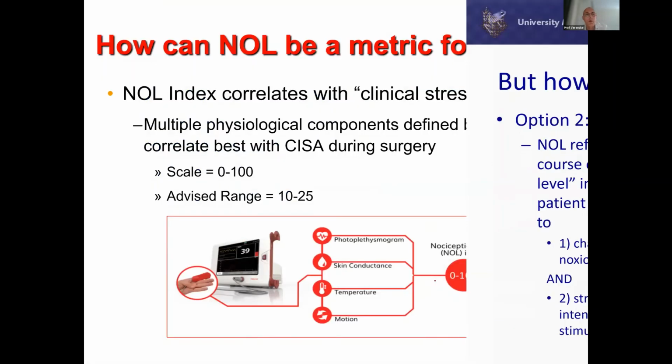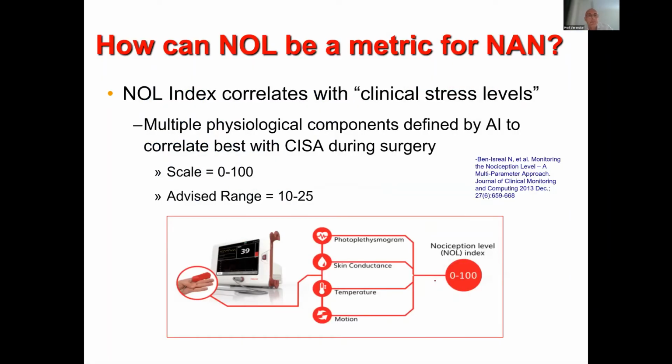So how does it work? In the original study, the measurement is a very easy, non-invasive measurement where you put a finger probe on the patient, and originally a multitude of physiological parameters was detected. There was minimal motion or micro motion detection.